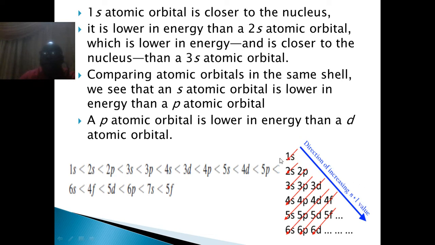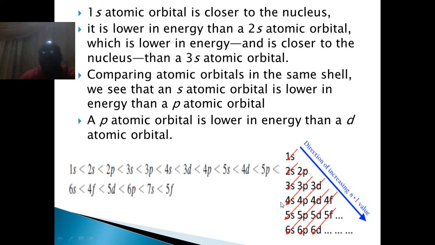This one here indicates the first shell. And in the first shell, only the s orbital is available. So you fill the s orbital of the first shell before you go to the next shell, which is 2. In the second shell, you have 2s and 2p. In the third shell, you have 3s, 3p, and 3d.